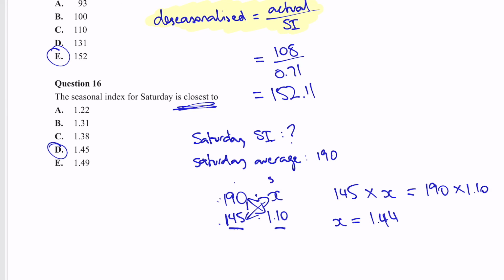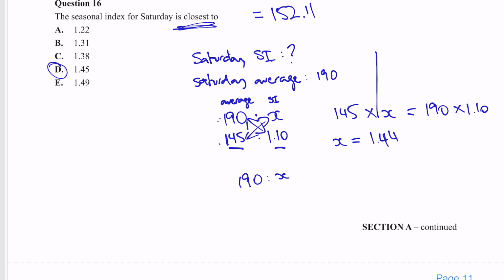So x, this is the column for seasonal index, and this is the column for averages. You can't do 190 to x and then say 1.10 to 145. That's not going to work. If you calculate it, it's not going to work. So each thing must have its column. So seasonal index and average. Remember the two dots in the middle as well. Cross multiply, and that's how you get your answer. So your answer is D, 1.45.